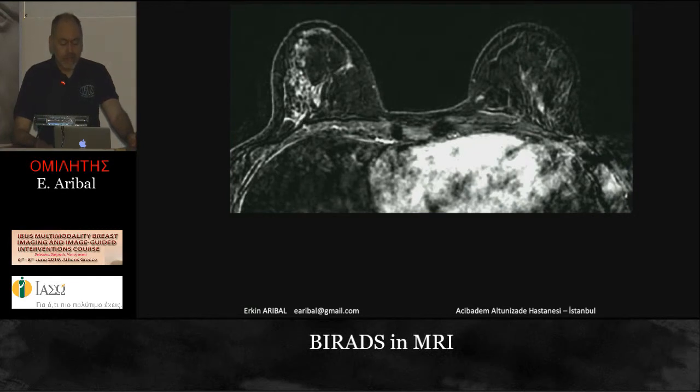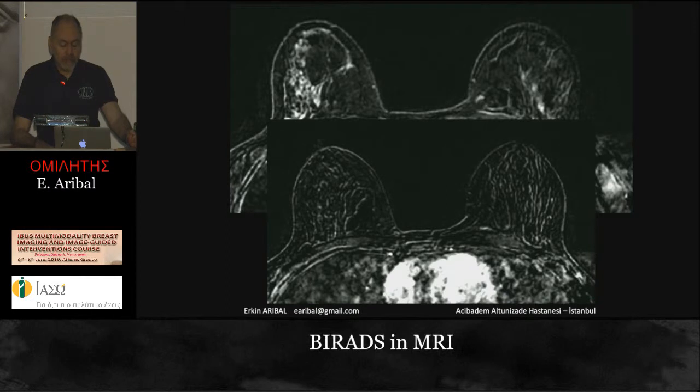This is another asymmetrical parenchymal enhancement. It's global, like the global asymmetry in mammogram, and it takes the shape of the fibroglandular tissue. It does not distort anything. When you look at the first pass, it's almost the same. So always look at every dynamic image.